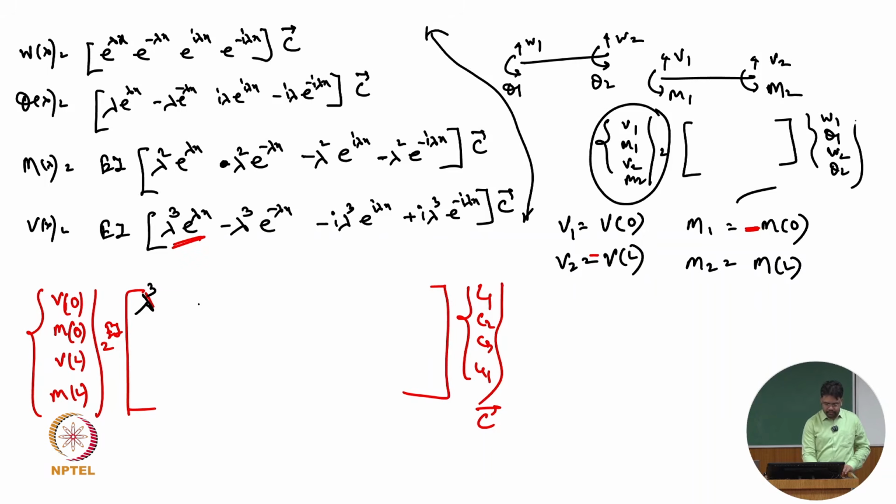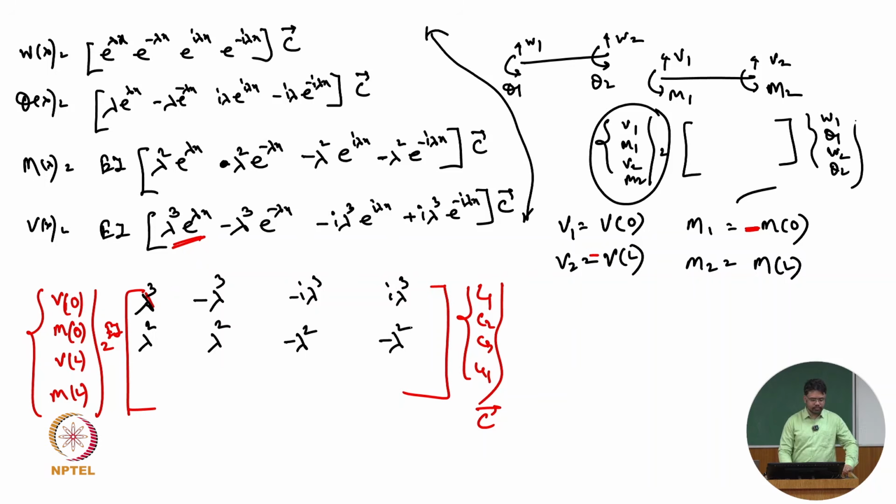Second thing, minus lambda cube. Third, i lambda cube. Fourth, minus i lambda cube. Okay. For M0, I can write lambda square, then lambda square, minus lambda square, minus lambda square. Okay.